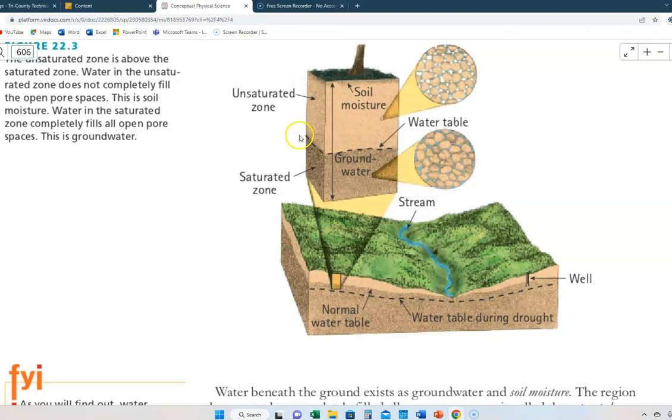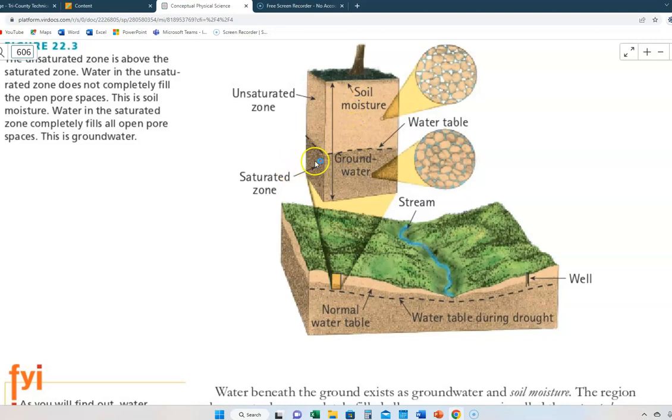Just a side note, when you dig a well, for a water well, you want to dig into the saturation zone. If you dig only down to where the soil is moist, you don't get the water flowing the way you need to.